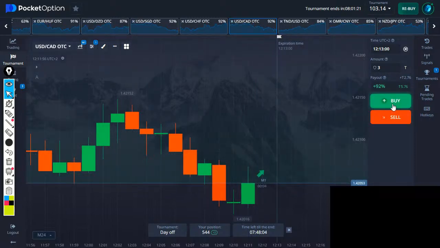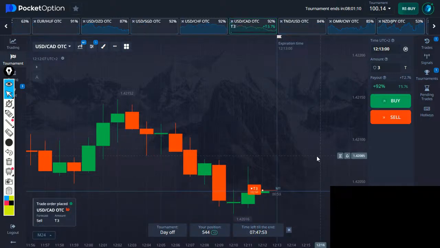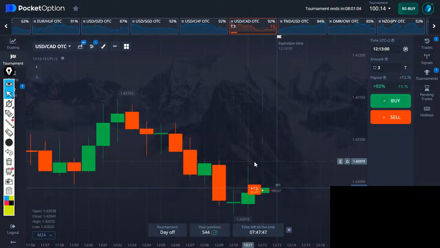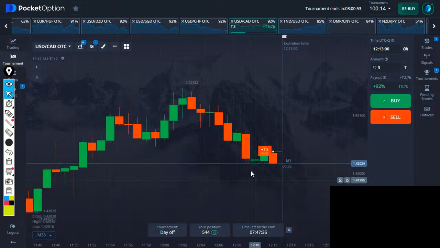I'll be aggressive from now on. We have a gap up. I'll take a sell. If it goes back up, I'll take 2 more. Let's see if we're gonna have a doji break.